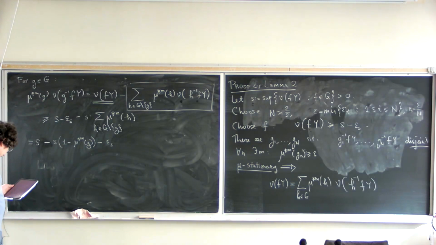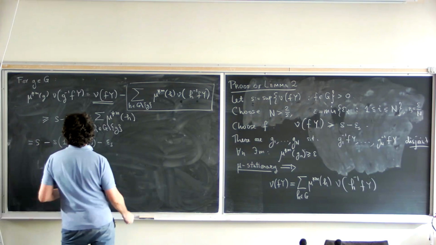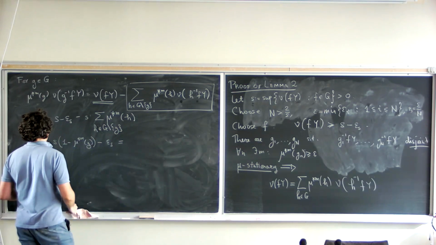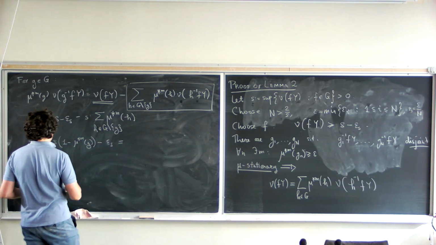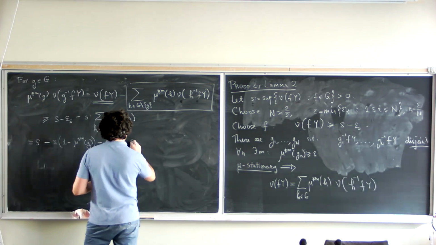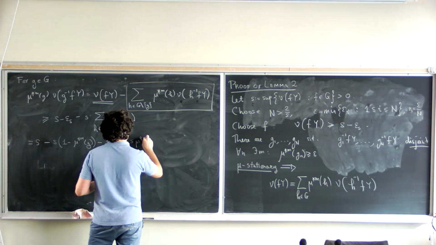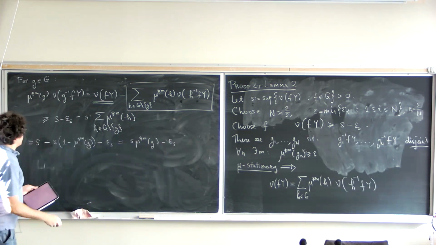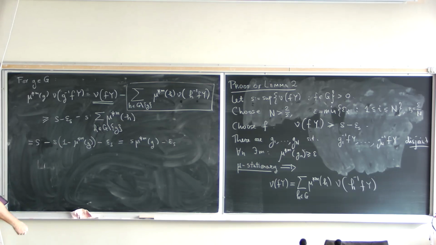Okay, so now we can write it. S minus S is done. So this is S mu star m of G minus epsilon S. And then we can divide by this.